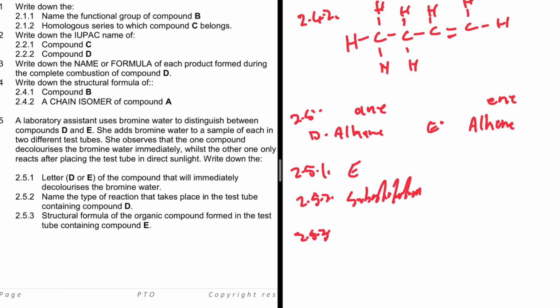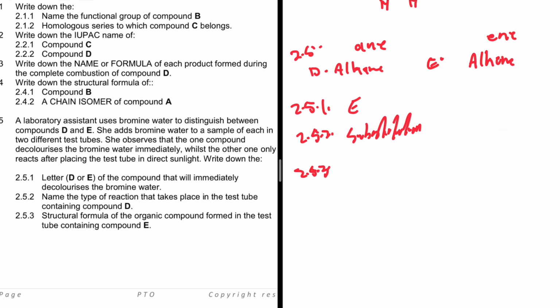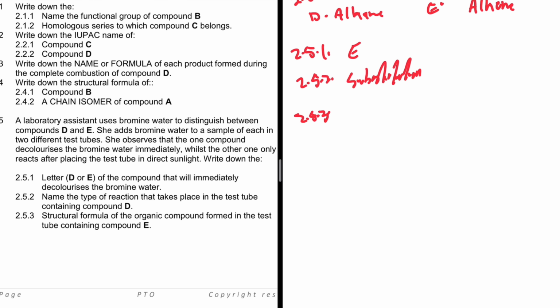2.5.3, structural formula of the organic compound formed in the test tube containing compound E. So compound E, when it reacts with bromine water, addition reaction is going to take place, because we have an alkene. I've said it before that if a reaction starts with an alkene, it is an addition reaction. No questions asked. So this is the alkene, right? 1, 2, 3, 4. Because it is said that we have but-2-ene. Okay, so this is the alkene that we start with.